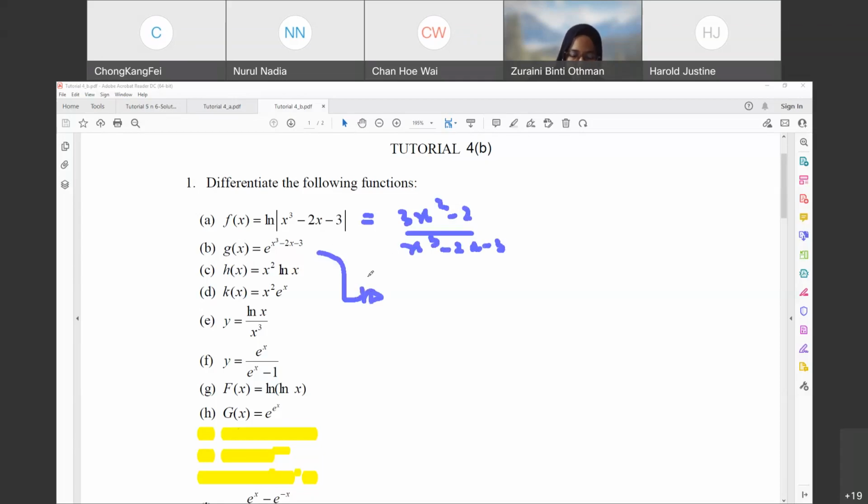Same goes to this. You will use the chain rule. Yang ni ialah 3x kuasa 2 tolak 2 darab dengan eksponen x kuasa 3 tolak 2x tolak 3. Okey, yang ini kamu kena guna product rule.